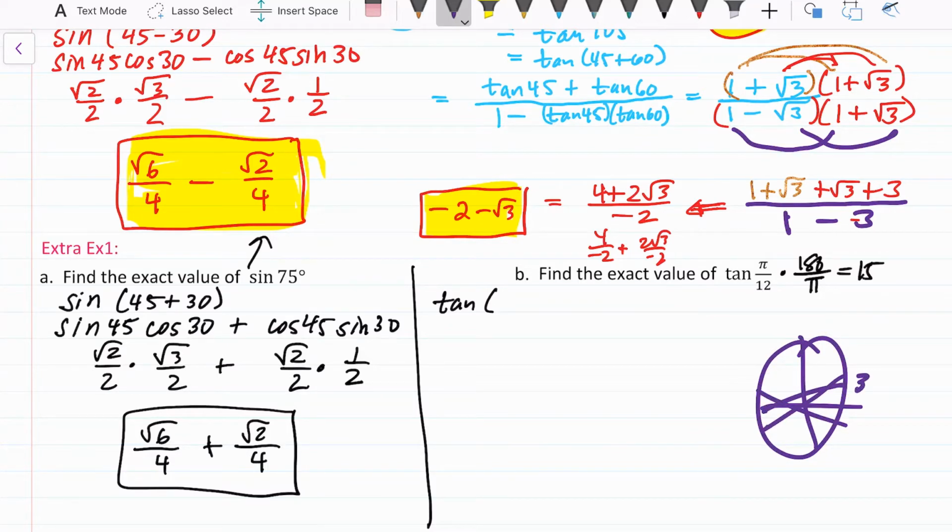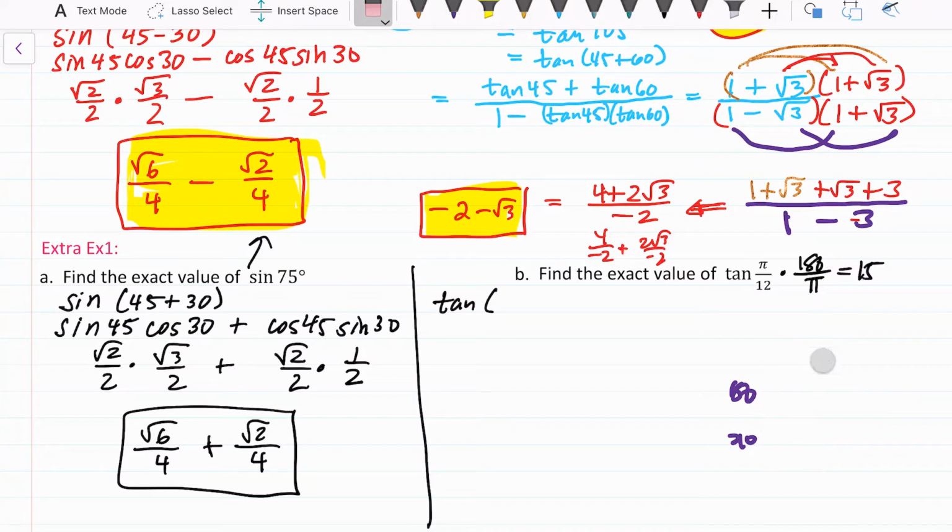So I don't want to use 30 or 150 or 210 or 330 because they're equal to radical 3 over 3, and I don't want to do that. So I will be using 60 minus 45, and that'll work fine.